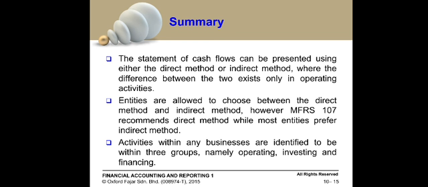I don't know why other companies prefer to use the indirect method, because the direct method is easier to understand, isn't it? Because you can see clearly what are the items related to cash in and items related to cash out. Activities within any businesses are identified to be within three groups, namely operating activities, investing activities, and financing activities.